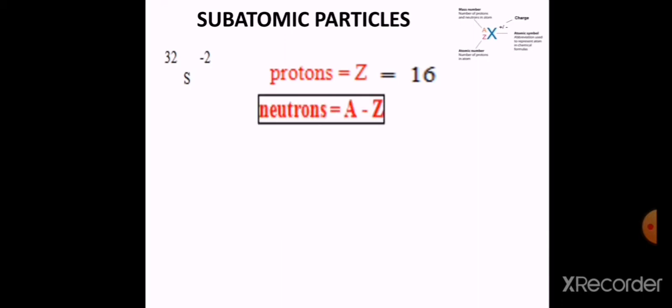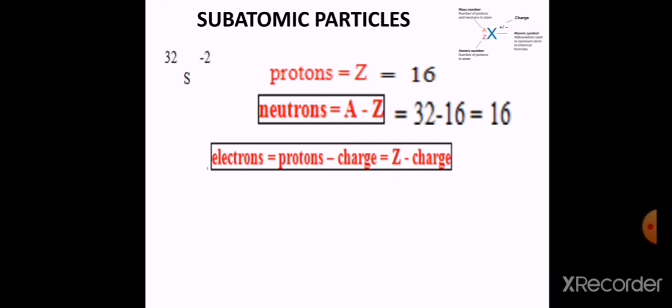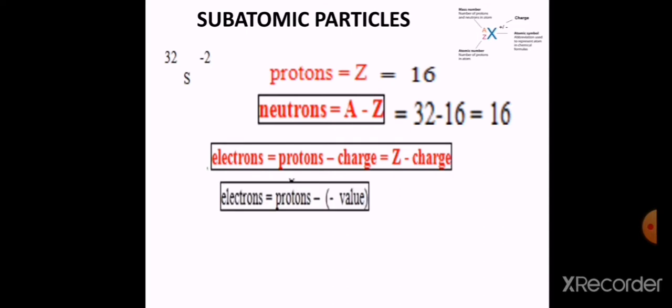Neutrons naman, A minus Z. So, that is 32 minus 16 is equal to 16 neutrons. And for electrons, protons minus the charge. But this time, the charge is negative. Okay? So, electrons is equal to protons minus a negative value.